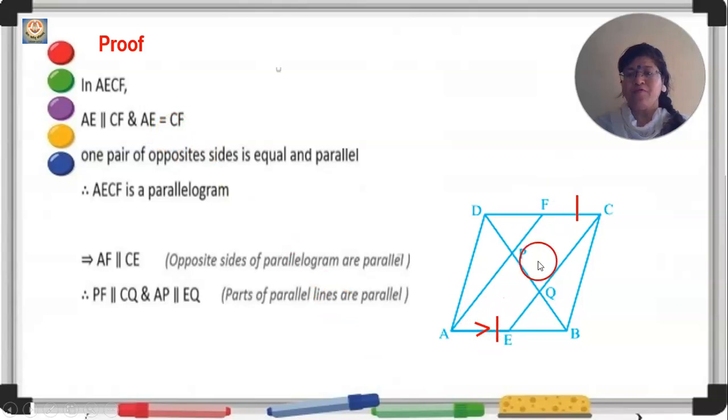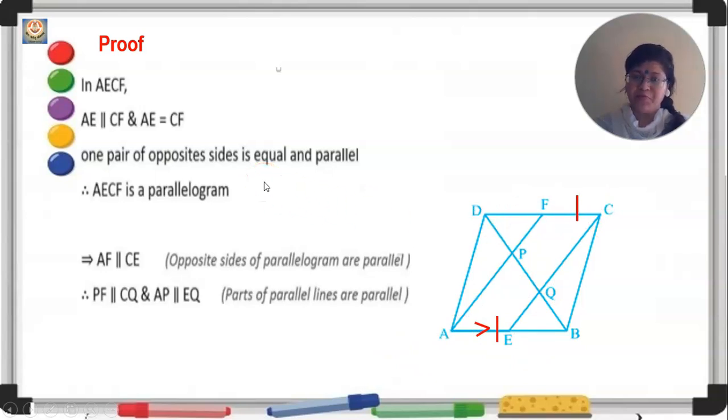Since one pair of opposite sides is congruent and parallel, the quadrilateral will become a parallelogram. There are some steps that I have not mentioned out here, but I have just proved it. Okay, so listen to what I have said. Why would AE be congruent to CF? I've already mentioned it. Now, the first step is over, proving AECF is a parallelogram.